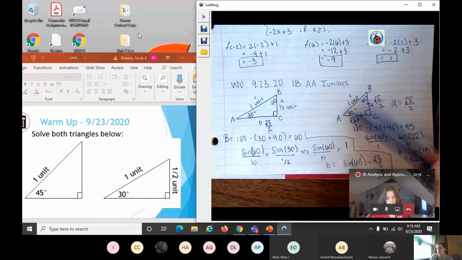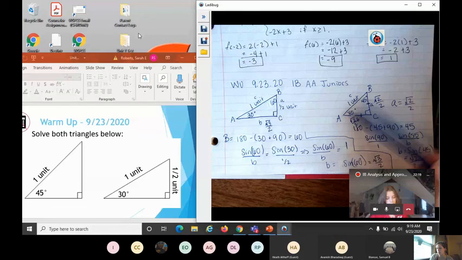So what can we use to figure out what X and Y are? Oh, we can use the sine rule. Good. So can you tell me one of the equations we could set up for the sine rule? Yeah, so if we label 80 as A, 60 as B, and 40 as C, well, let's not do that.